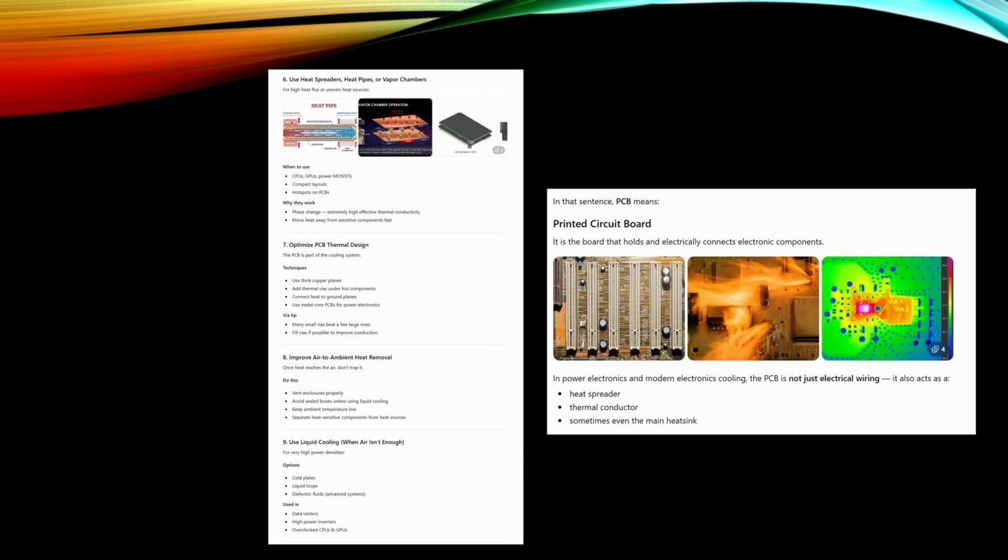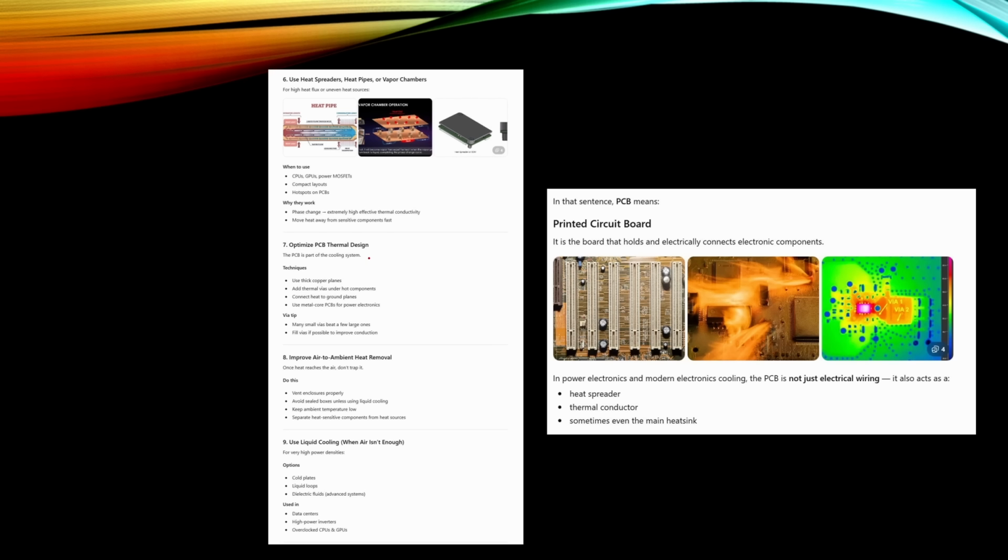When you have high heat flux or uneven heat sources, you can use heat pipes or vapor chambers to move the heat from one location to another location where you can remove it. These heat pipes and vapor chambers are based on phase change. That means that the heat transfer rate is very high.